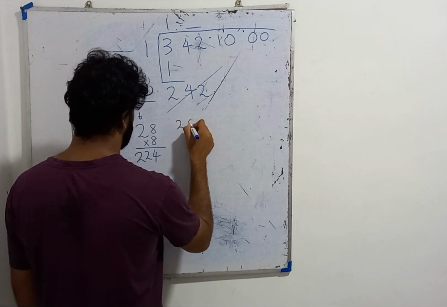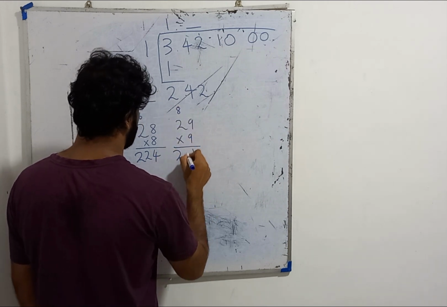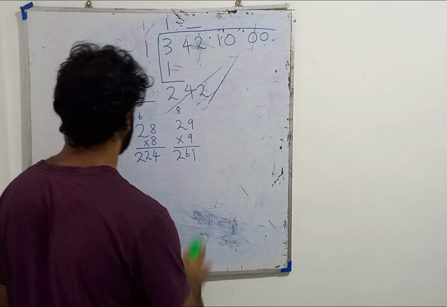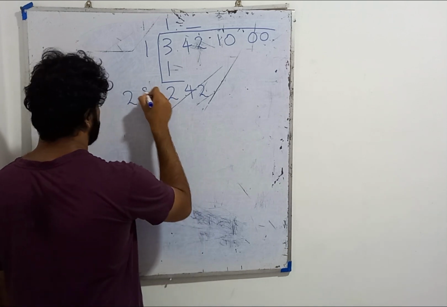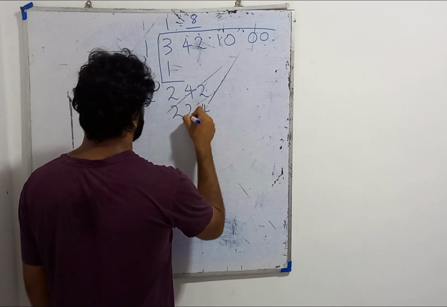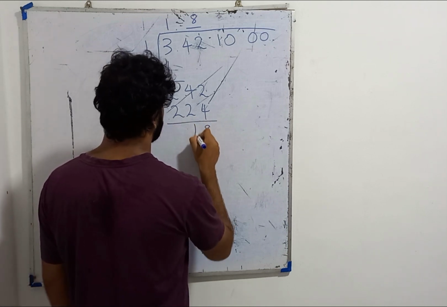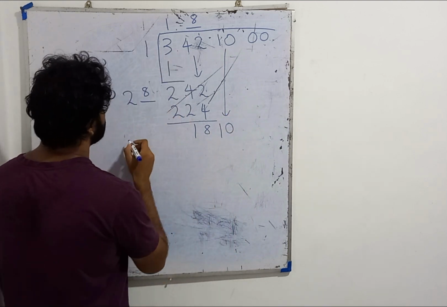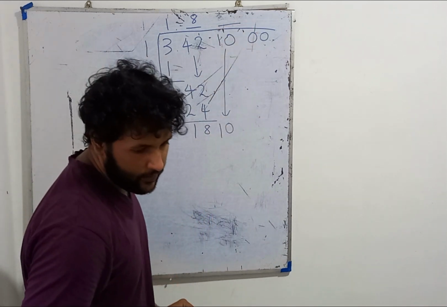Yeah, you can't add 9, you have to add 8, right? 28 into 8, 8 and 8. 2, 2, 4, right? 18, 10 down, 18 into 2, that's going to be 36 something. Okay, 36 something, right? Yes.